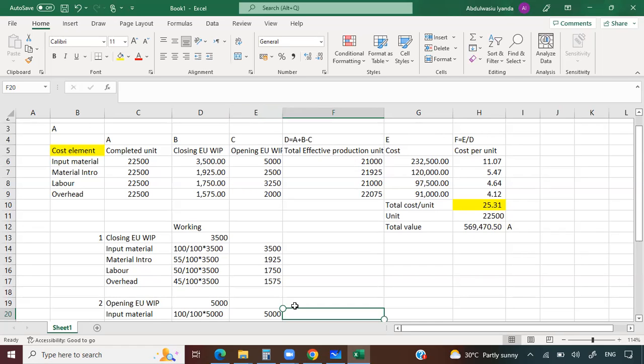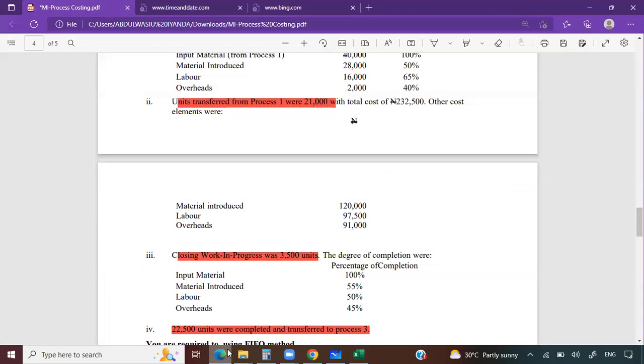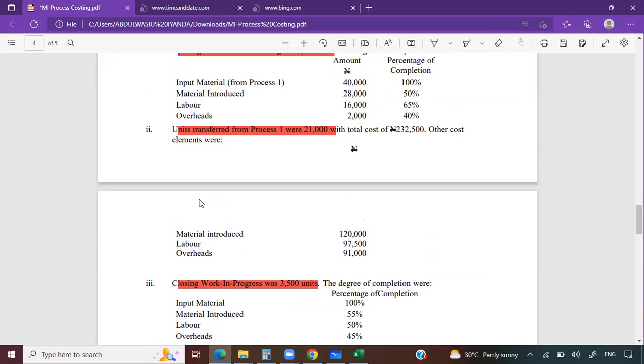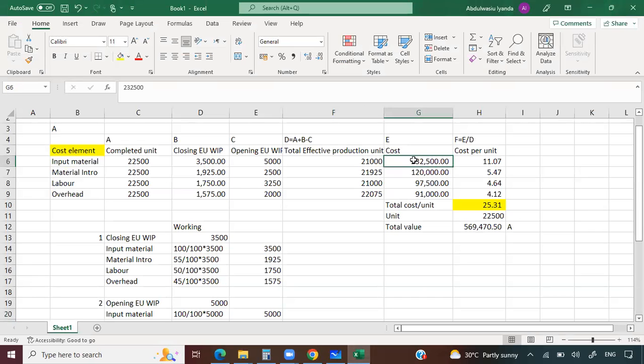Then how do we get column E? Column E is the cost, and the cost is already given. The units transferred from process 1, what we receive from process 2 now from process 1, is 21, and this is the cost. Then we bring the cost here too. Then what is the material introduced?